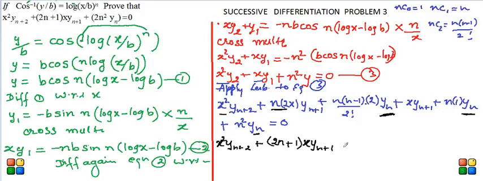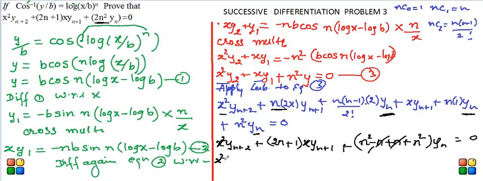So when I take yn common, I get n into n minus 1, minus n plus n square again, and this yn is equal to 0. See, minus n gets cancelled with plus n, n square plus n square is 2n square, so 2n square yn is the final term, and hence we get the final result.